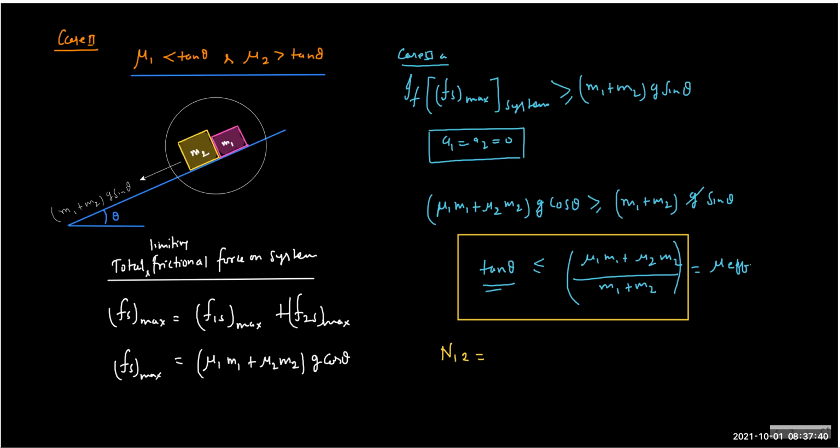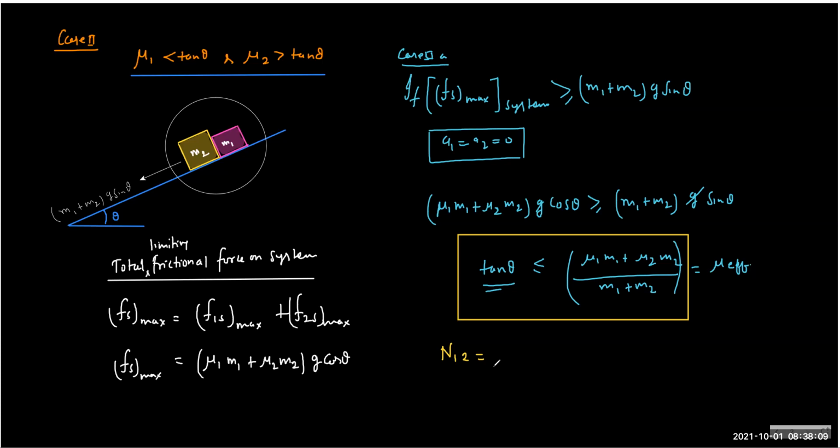Are you sure? See, which block is trying to move? One or two? One. And which block is not moving because of that? So one is trying to move, it means the gravitational force on the M1 block, you need to understand this first.